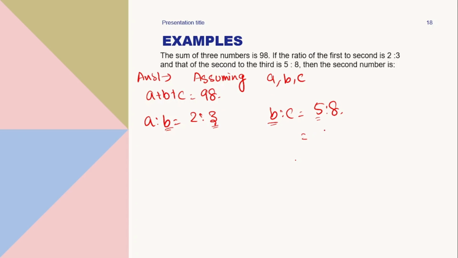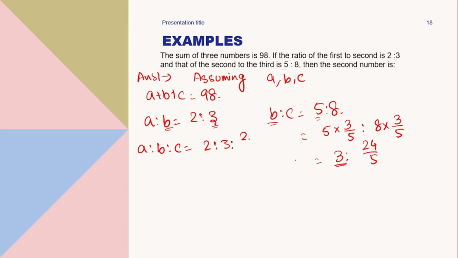So in place of 5 I can write 5 into 3 by 5 is to 8 into 3 by 5, it will be 3, and this part will be 24 by 5. So you can see that here b's part is 3 and here also b's part is 3. So we can write a is to b is to c equals 2 is to 3 is to 24 by 5.